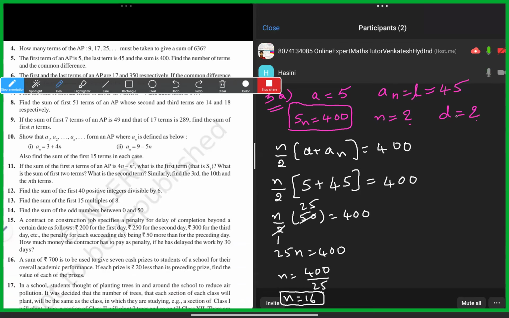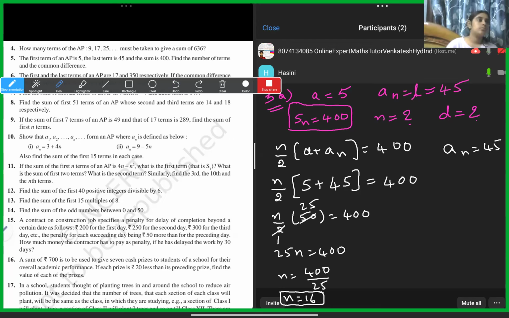So now, Hasni, I can find out d using an now. Since n is 16, indirectly a16 is given as 45 for us. Before, an was given as 45, and now we got the n value.